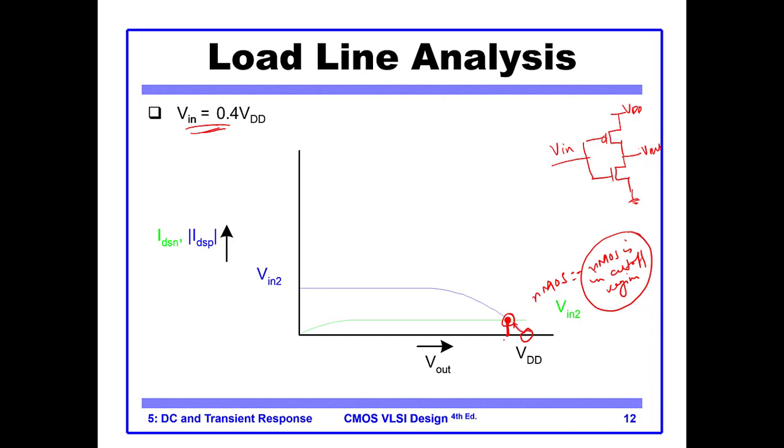You cannot have different currents. You always have this condition that IDSN is equal to IDSP. This is what is meant by this point. So we are solving it graphically. You extend it on the x-axis, and Vout is slightly less than VDD.